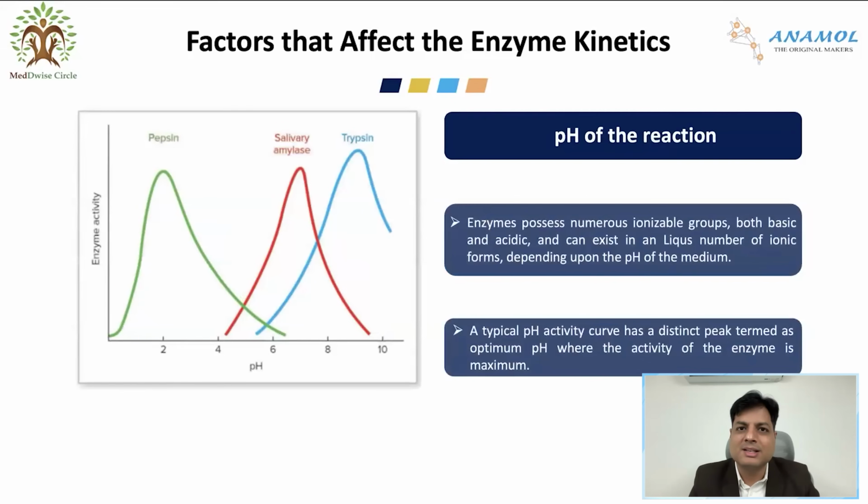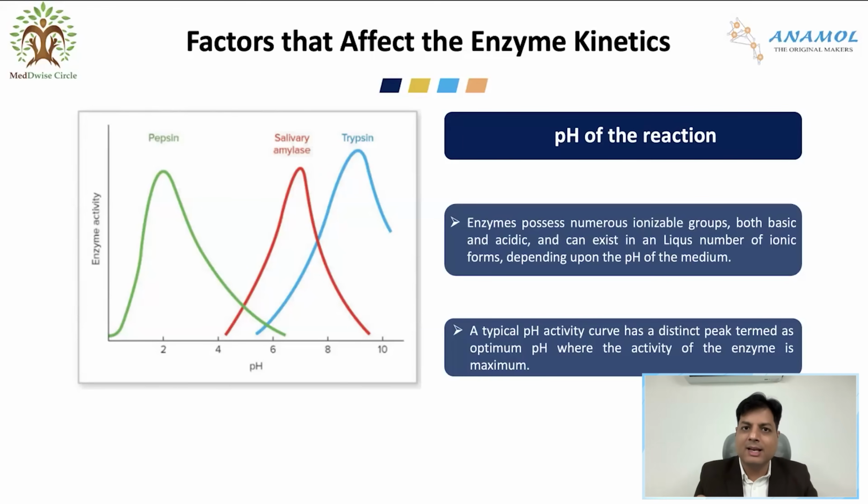First, let's try to understand how pH affects the enzyme activity. Friends, we all know enzyme is protein in nature. So the enzyme molecule has many ionic groups. These ionic groups are certain parts of the enzyme that can be ionized, or can form a negative or a positive charge within that particular area of the enzyme.